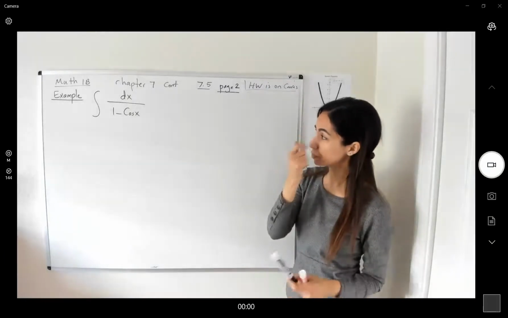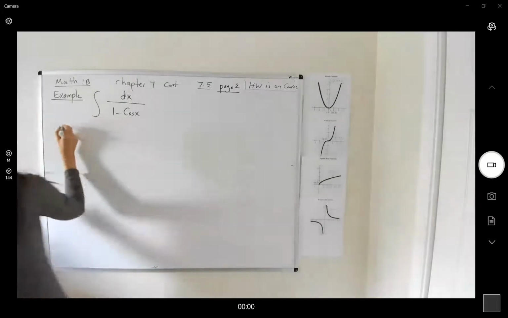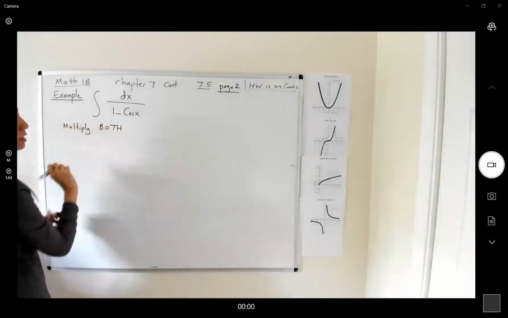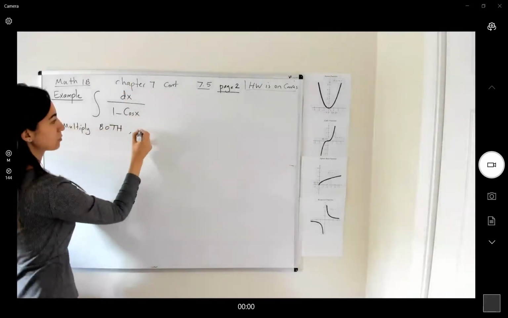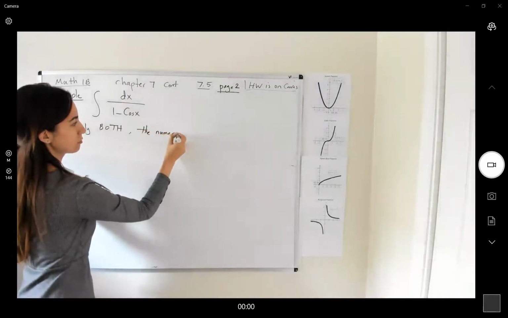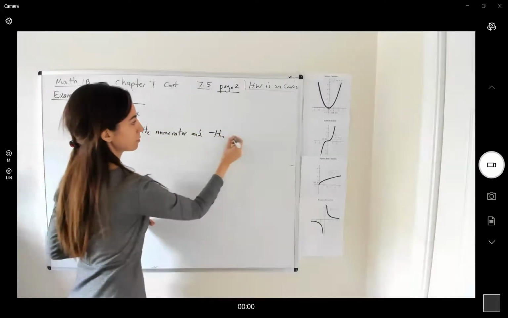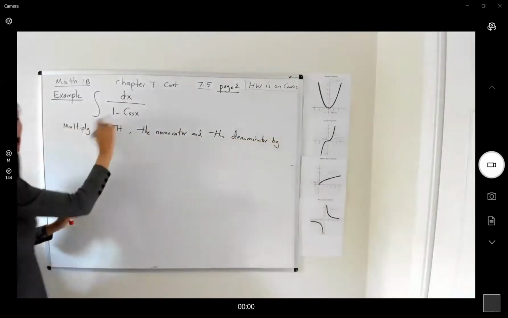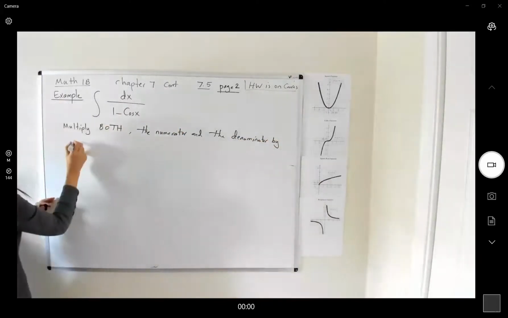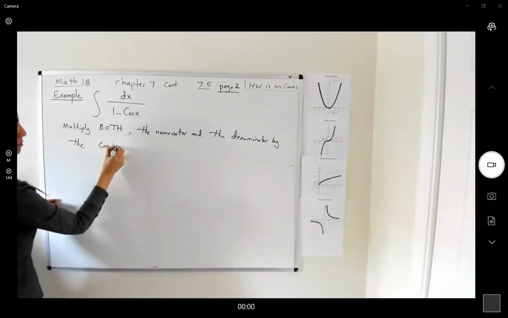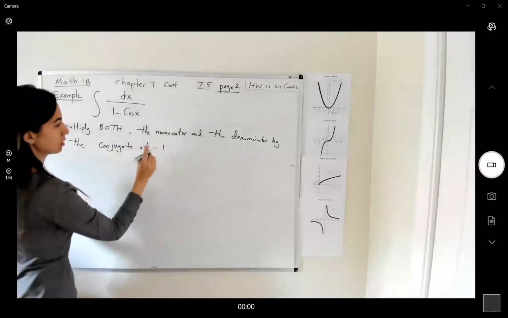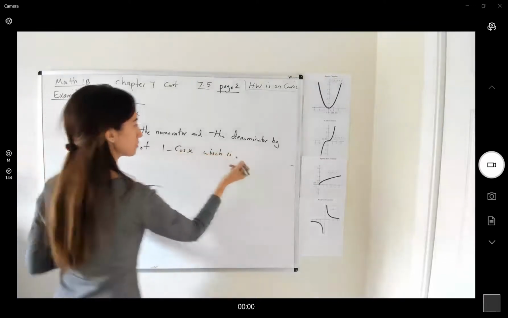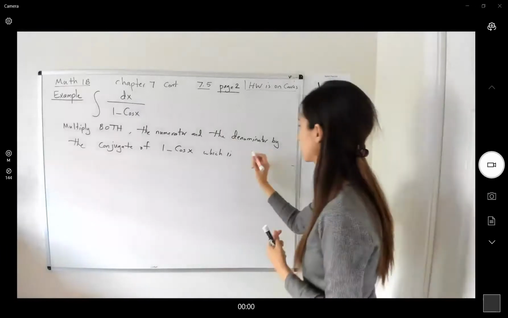So what I'm going to do, I'm going to multiply both the numerator and the denominator by the conjugate of 1 minus cosine x, which is 1 plus cosine x.